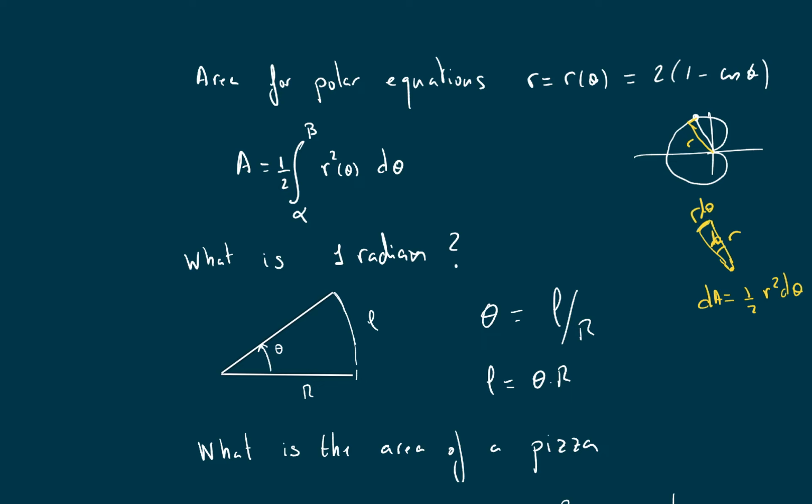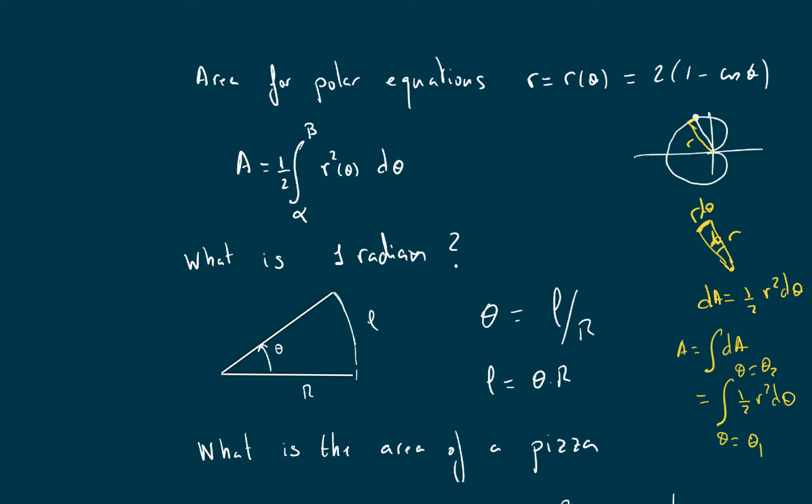This is the term that we are going to analyze. So this is the small area, and the total area is the sum of all the small areas. So the total area is the sum of 1/2 r squared d theta from theta equal theta 1 to theta equal theta 2. We will see how to find the extreme values theta 1 and theta 2.